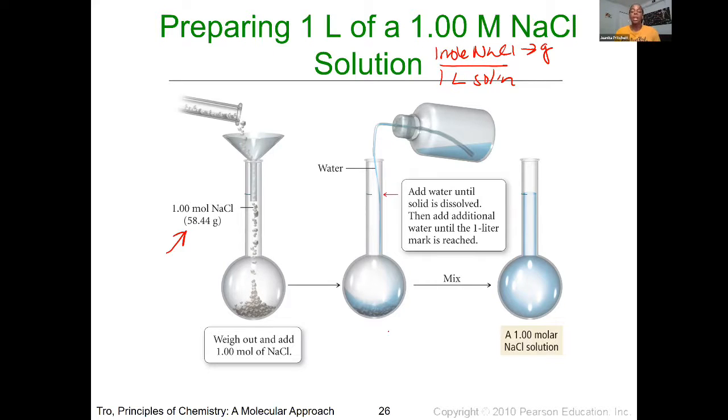Then we add enough water up to the mark that corresponds with the 1 liter volume. Then invert it a few times, make sure it's well blended, and we now have a 1 molar solution. This type of calculation is one you'll use frequently throughout your career if you were to go down a chemistry path.